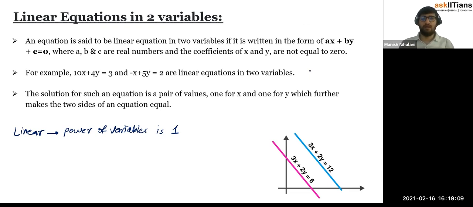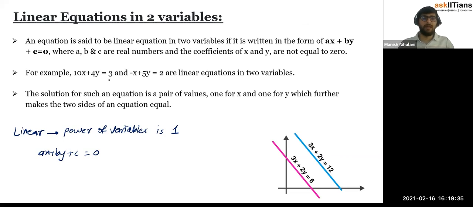We will come to that, but before that you need to understand that ax plus by plus c equal to 0 is a linear equation in two variables, where a, b, c are coefficients. A and b are coefficients of x and y, and c is a constant. But x and y are the variables, so they keep changing for the solution.